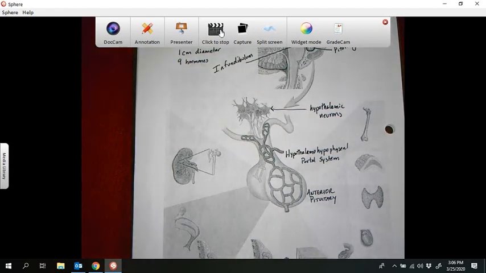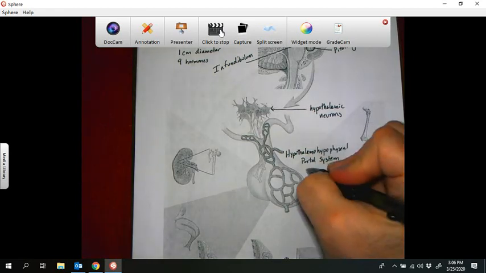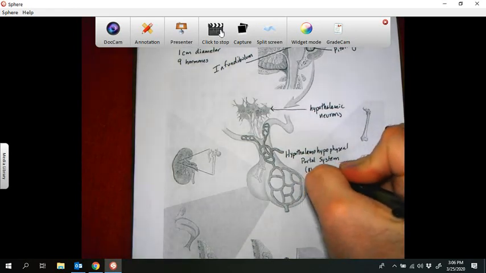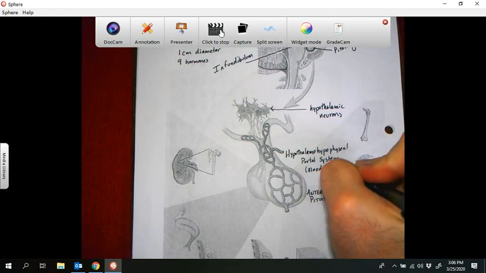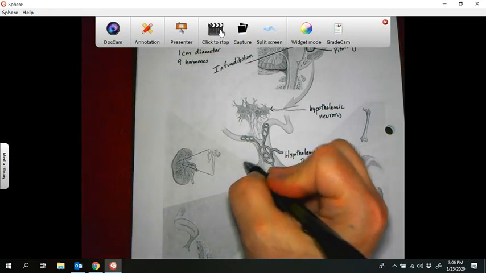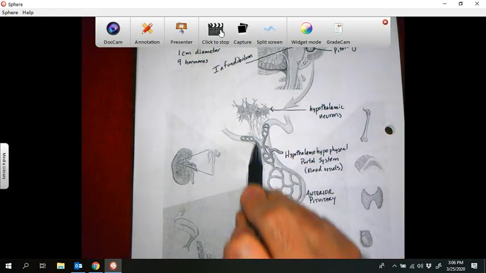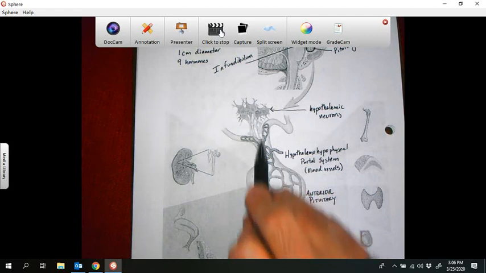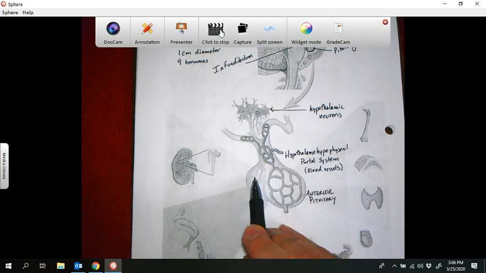So this is a circulatory system, blood vessels. So if you want to put that there, blood vessels. So that's how it relies on talking to the hypothalamus, is through blood vessels. The anterior pituitary is a hypothalamo-hypophyseal portal system. On this side, you can see that we have these direct pathways from the hypothalamus, from the neurons that come down in here.